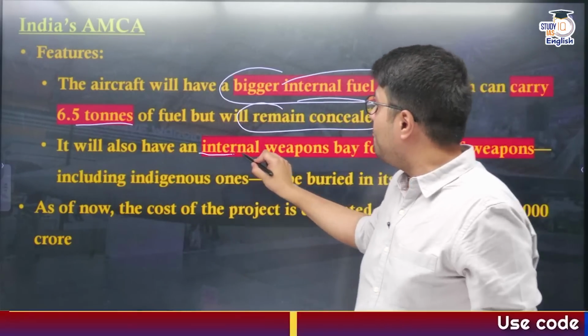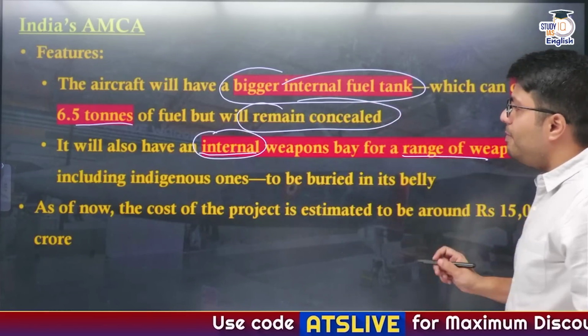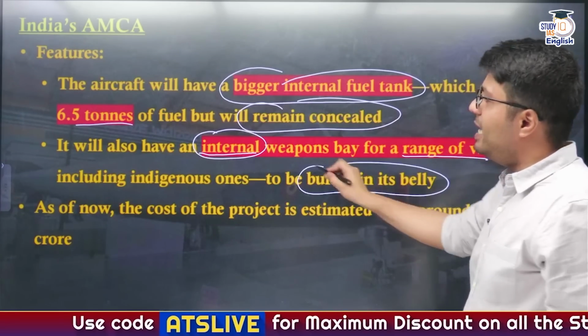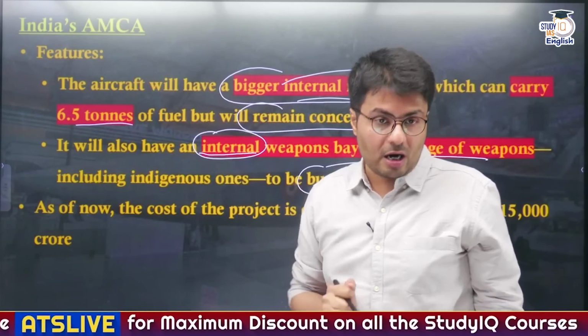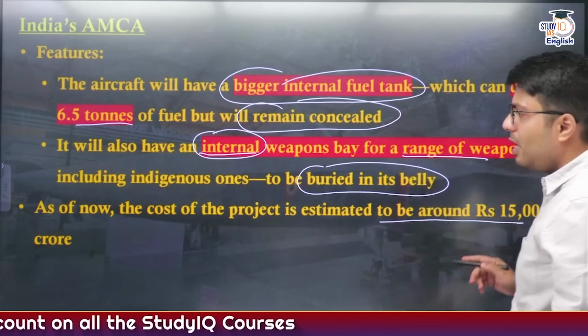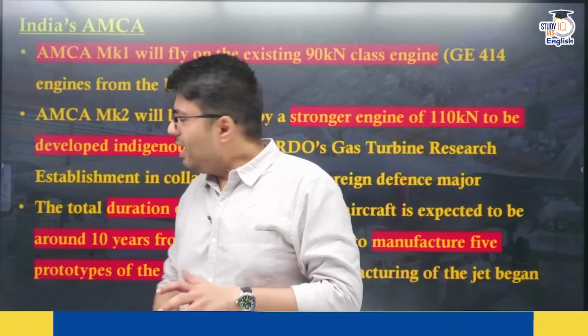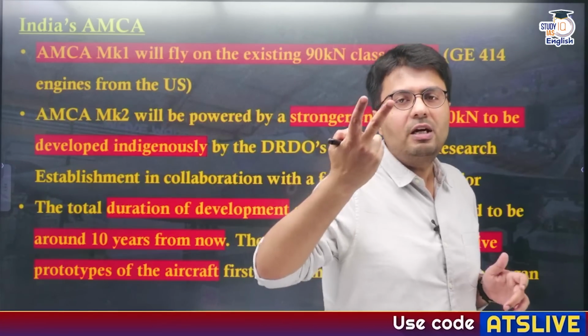Similarly, its weapons will be carried in an internal weapons bay, which means they will be buried in its belly and not have any kind of radar signature. And as of now, the cost of this project is estimated to be around 15,000 crore, and we'll see how it goes, right?